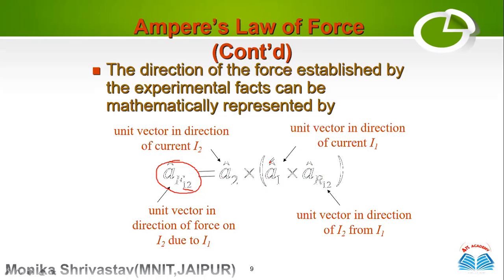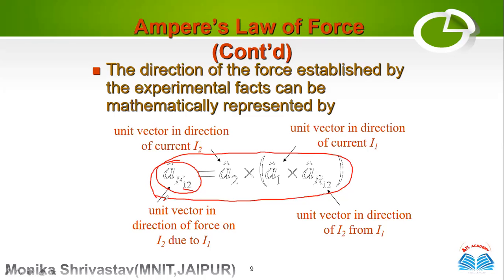This A1 cap is the vector direction of current I1, and this R12 is the vector direction of 2 from I1. When we are observing from I1 and we are at 2, then we introduce this R12. So this is the important equation. We'll use this equation in our magnetic moment topic, but we have to study it in Ampere's law.